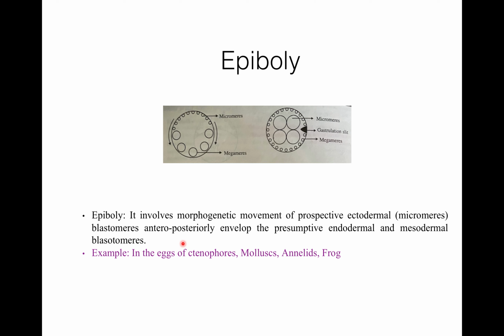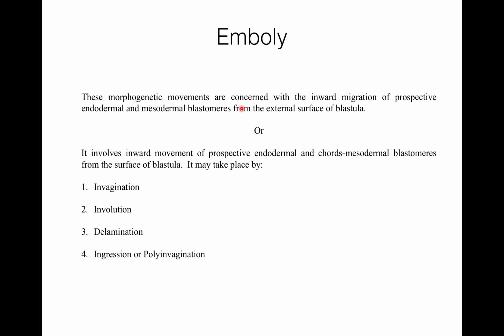The word epiboly is derived from the Greek meaning a throwing on. Epiboly can be seen in the eggs of ctenophores, mollusks, annelids, and frogs. Now the next morphogenetic movement is emboly. Emboly is the morphogenetic movement concerned with the inward migration of prospective endodermal and mesodermal blastomeres from the external surface of the blastula.